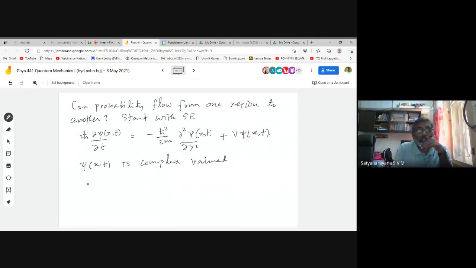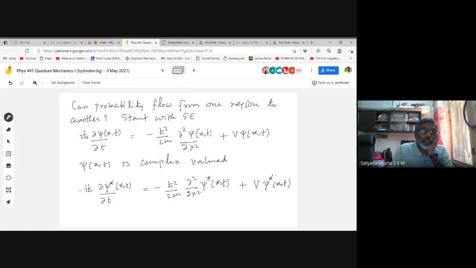Then I will get minus i h bar del psi star of x comma t by del t is equal to minus h bar square by 2m del square by del x square of psi star of x, t plus V into psi star of x, t. That means if psi satisfies this equation, psi star will satisfy this equation. Let us call this equation 1 and this equation 2.